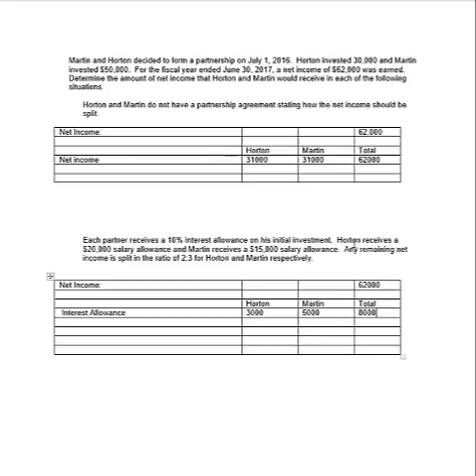The next sentence says that Horton receives a $20,000 salary allowance and Martin receives a $15,000 salary allowance. So we'll enter the salary allowances.